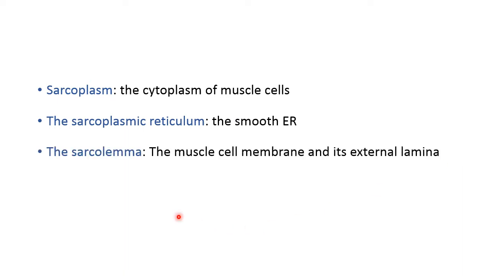And the third term is the sarcolemma, which is the muscle cell membrane and its external lamina. So we have sarcoplasm, the cytoplasm of the muscle cell, sarcoplasmic reticulum, the smooth endoplasmic reticulum, and the sarcolemma, the muscle cell membrane and its external lamina.